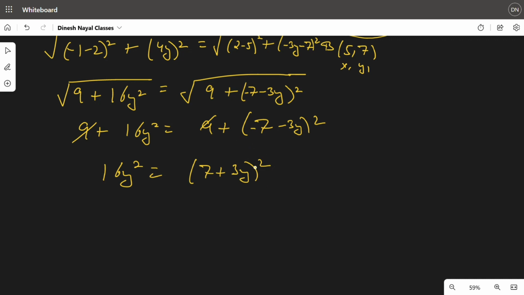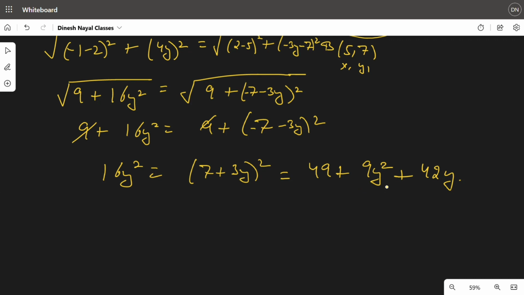So minus into minus will become plus. This will be 7 plus 3y whole square. So this is equals to 49 plus 3y will be 9y square, plus, a square plus b square, and then twice of ab. So 7 times 3 is 21, into 2, 42y.